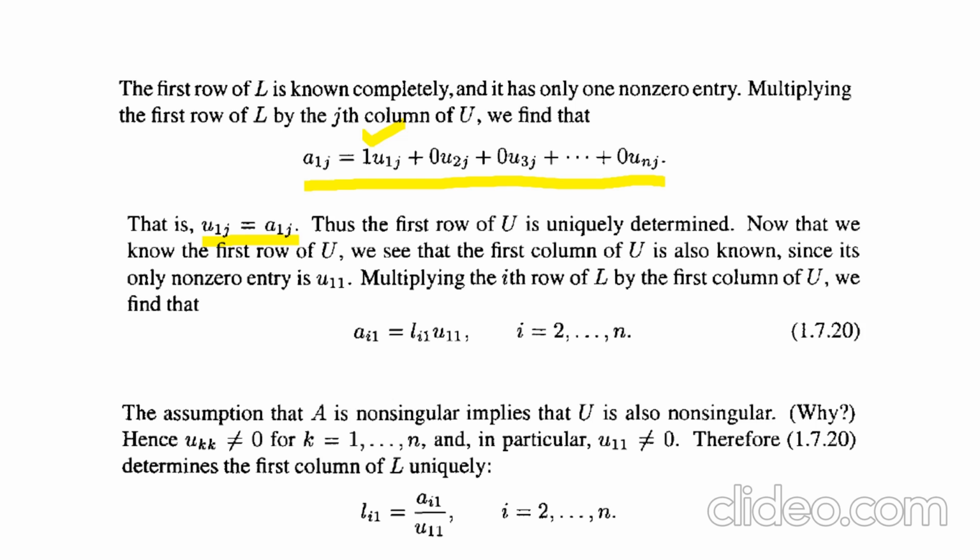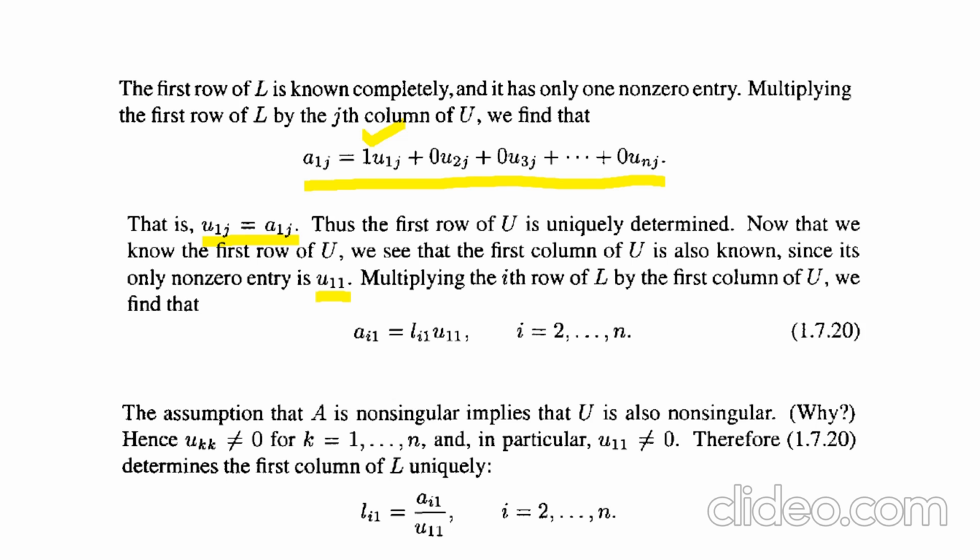Now we know the first row of U. We see that the first column of U is also known, since its only non-zero entry is U11. We have found the first row and the first column of the U matrix.